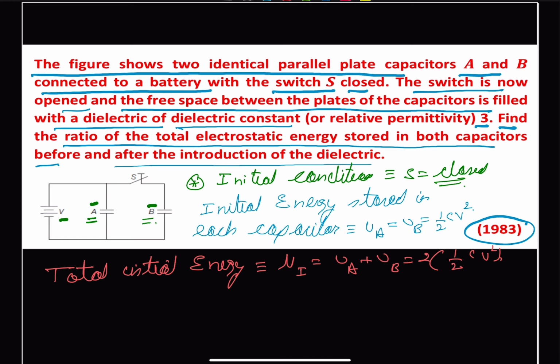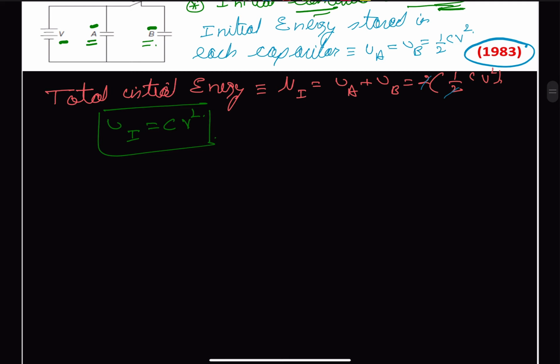This 2 and 2 cancel out, so we get U initial equal to CV square. This was our initial condition when switch S was closed. Now we come to our final condition when switch S is opened.